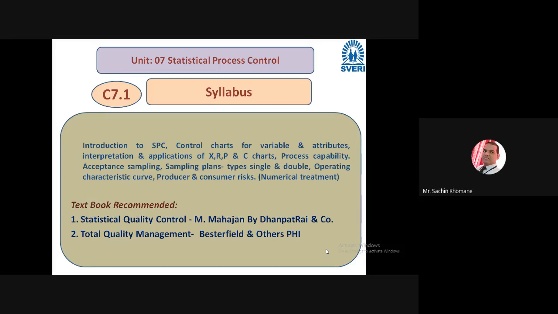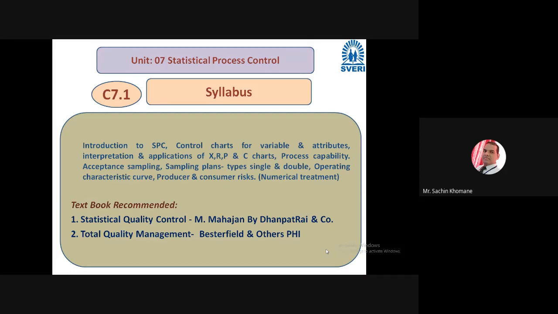Then we have to see interpretation and application of X, R, P and C charts. There are various control charts, and according to variable and attributes, there are classifications. So there are X chart, R chart, P chart, and C chart. Its application we have to see along with numericals, and how people interpret them related to quality control in industry. Obviously it is a graphical representation, and with the help of statistical data, you can draw these charts.